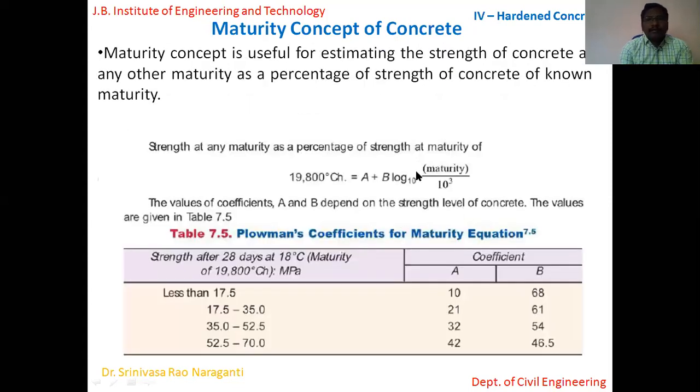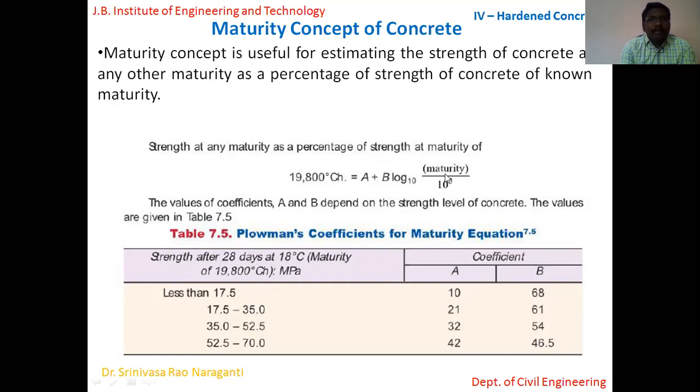Okay, now let's talk about a mathematical expression. We talked about everything concept-wise, but if you want to put it in a numerical equation, this will give me the strength at any maturity. That means this equation will give me the percentage of strength attained by the concrete, taking the standard value as 100%. It is A plus B log to the base 10 of maturity divided by 10 cube.